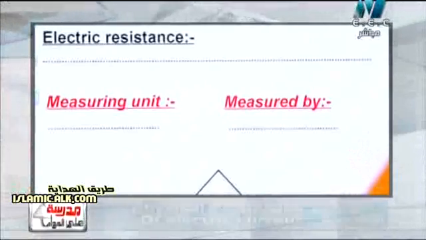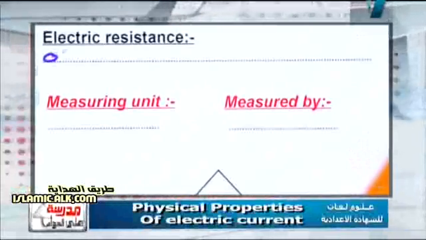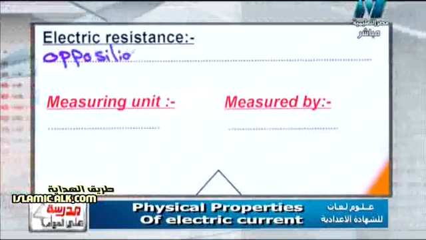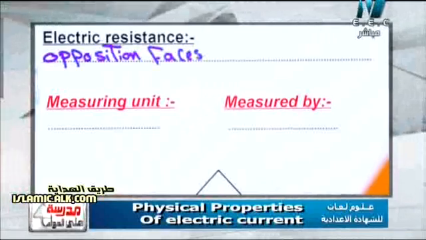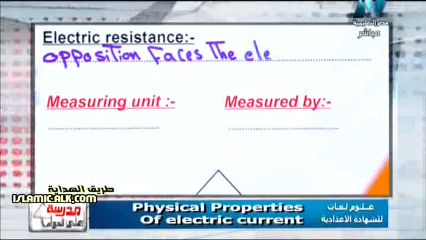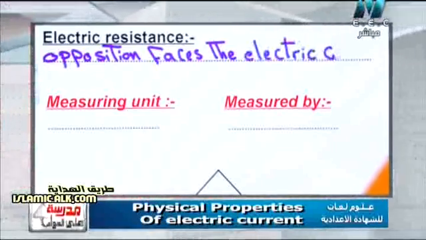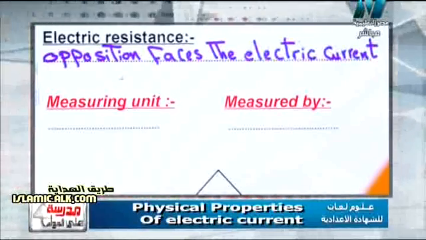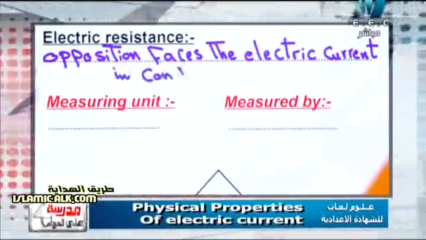As you see here, it is the opposition that faces the electric current in a conductor or in a metallic wire.